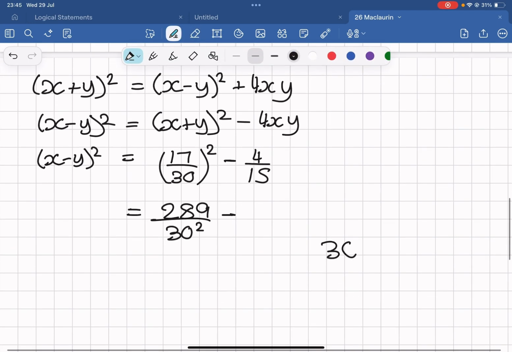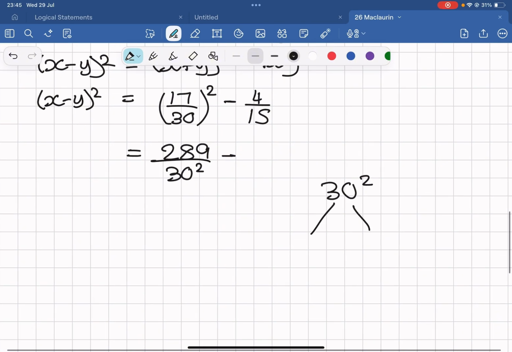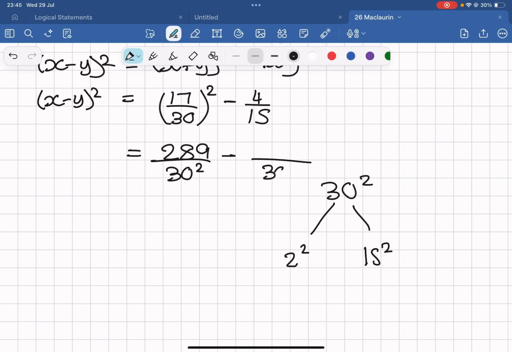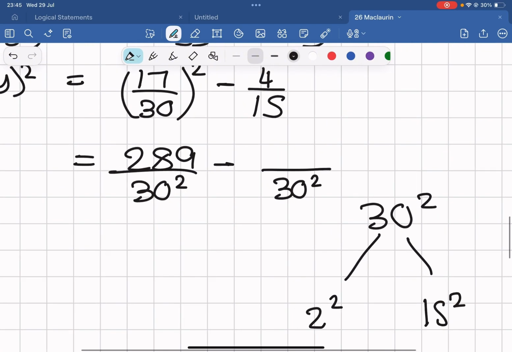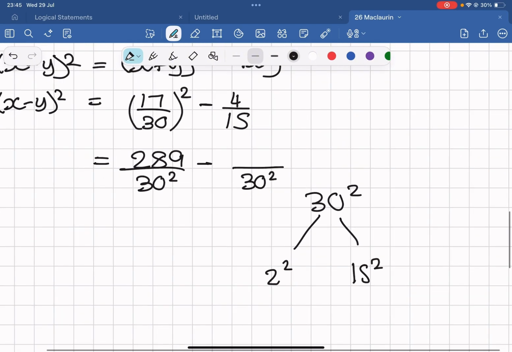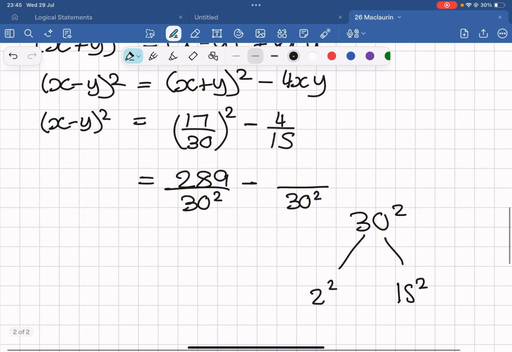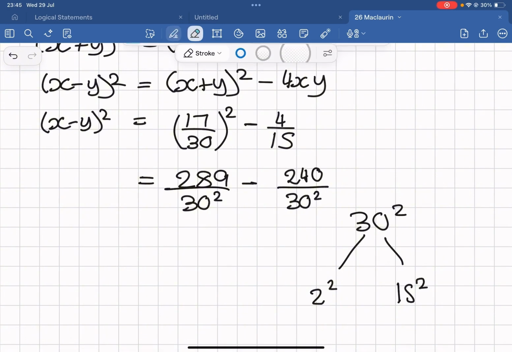Well, 30 squared is just made up of 2 squared times 15 squared. So to get from 15 to 30 squared, we times by 15 and we times by 4. So we have 4 times 4, which is 16. 16 times 15 is 240.